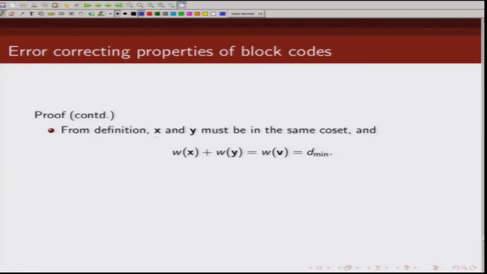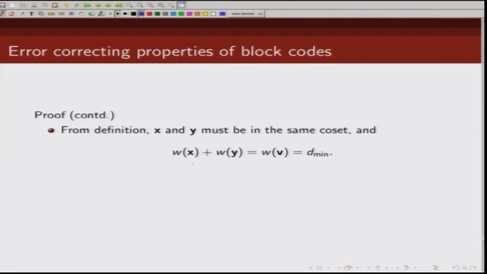And similarly, the weight of x plus the weight of y is equal to the weight of V, and we have chosen V to be the minimum distance code word. So, this is given by d min.